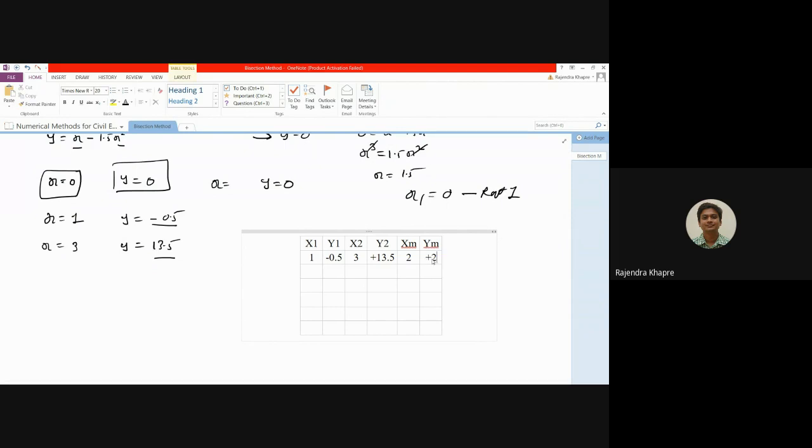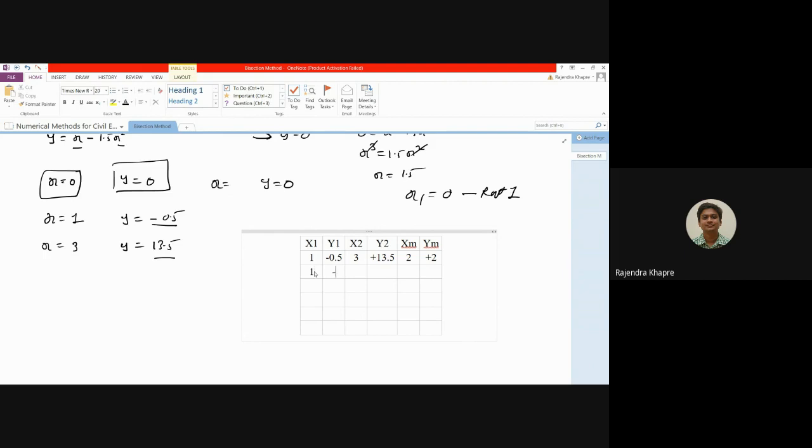Someone please cross check, is it correct? Okay, now for the second iteration, what value of x1 and x2 should I take? X1 should be 1 and x2 should be 2.